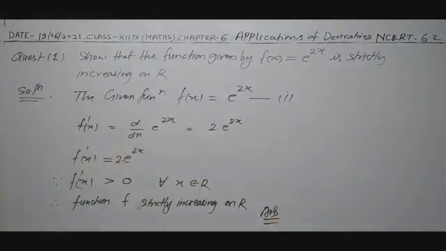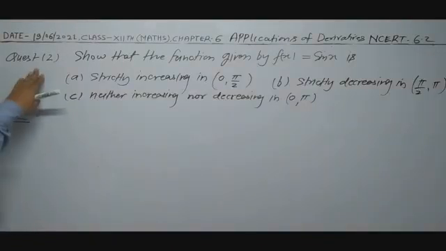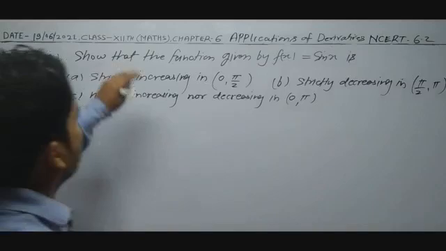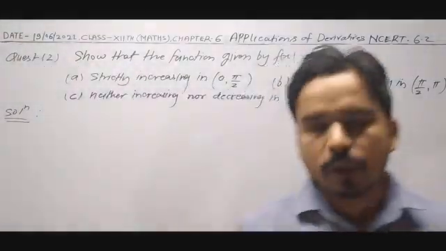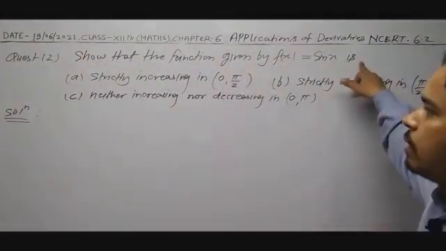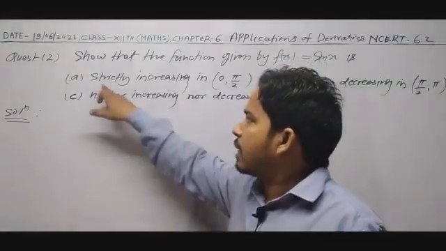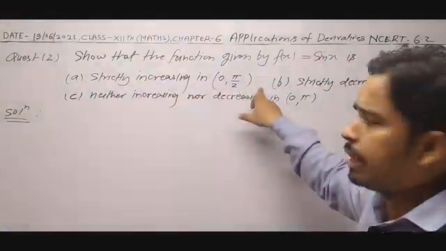Now come to the next question. Question number 2 is: show that the function given by f(x) is equal to sin x is, first part, strictly increasing in 0 to pi by 2.